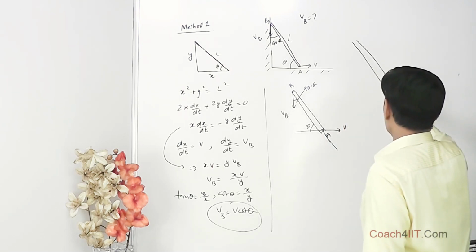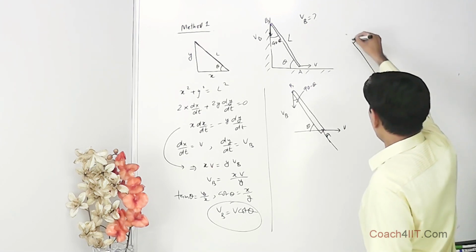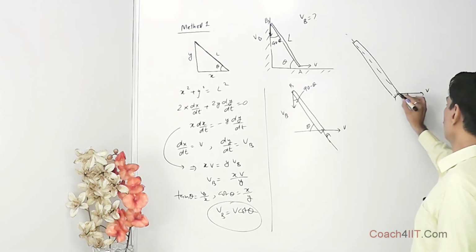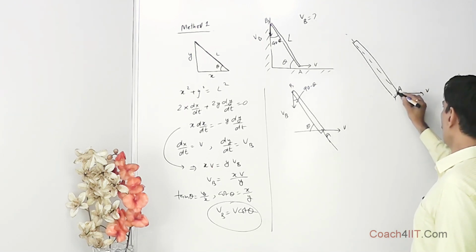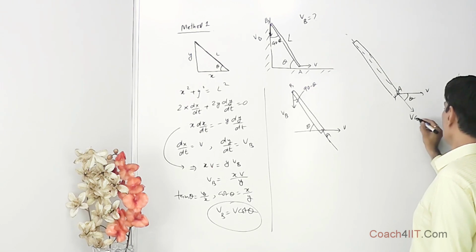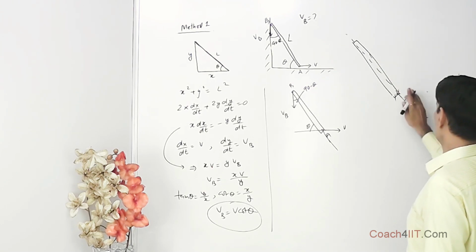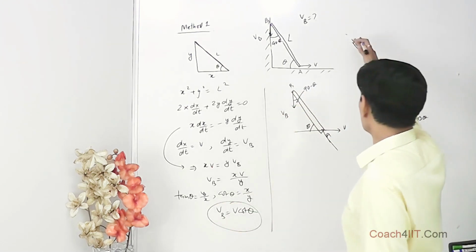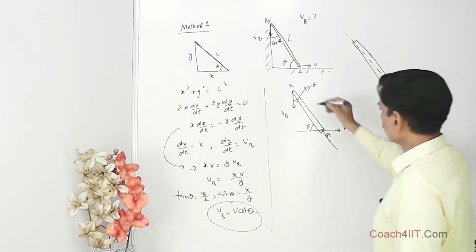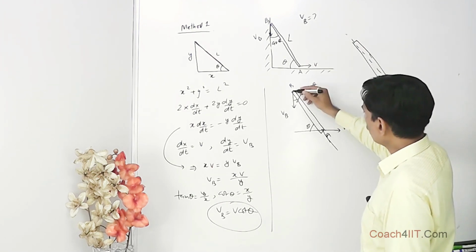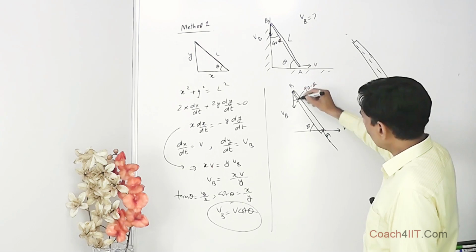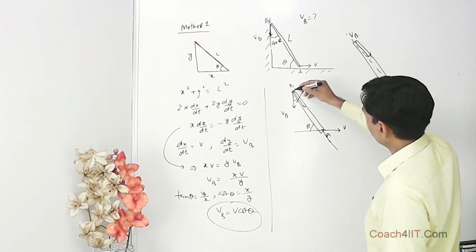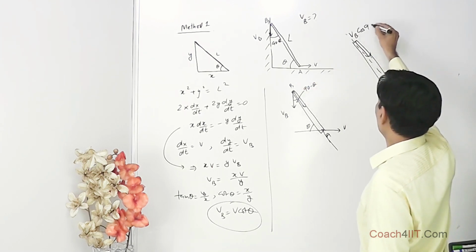So what are the velocities of these points along this axis? This is V, this is theta, so the velocity of end A along this rod is V cos theta. Similarly, the velocity of end B along this way is Vb cos(90 minus theta).